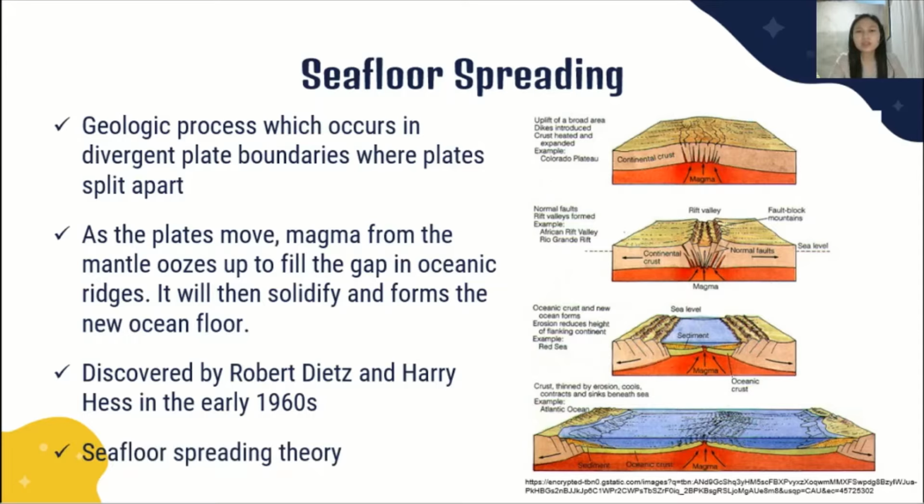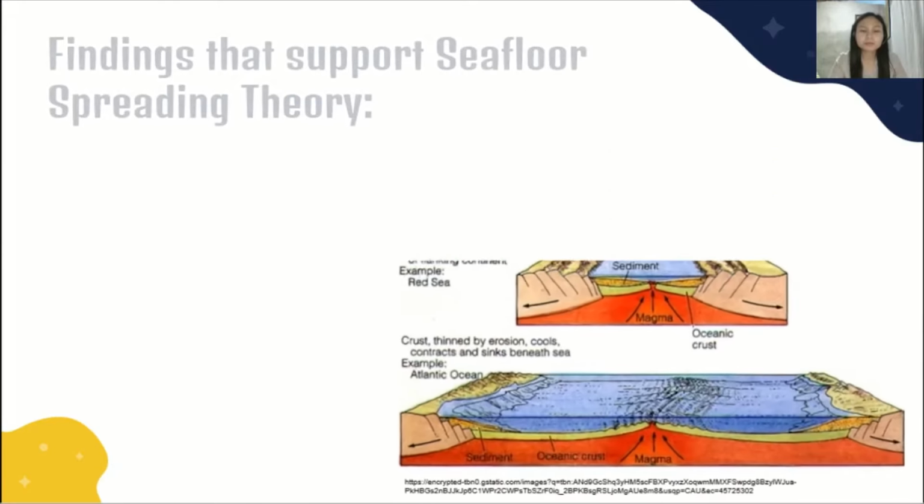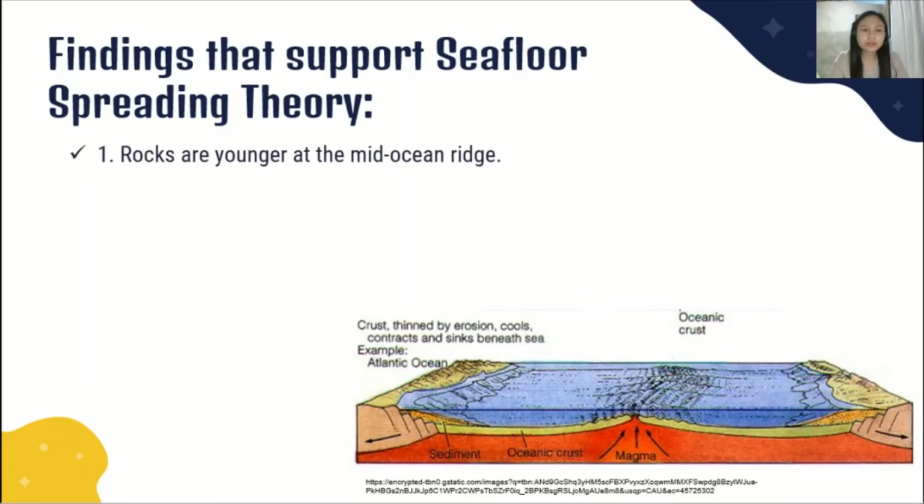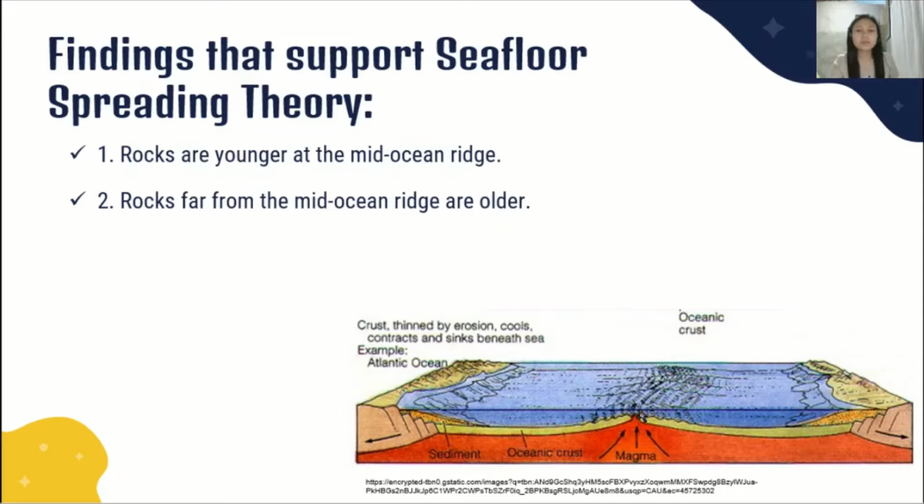So what are their findings that support that the seafloor is really spreading? The first one, they found out that rocks are younger at the mid-ocean ridge. Next, rocks far from the mid-ocean ridge are older.